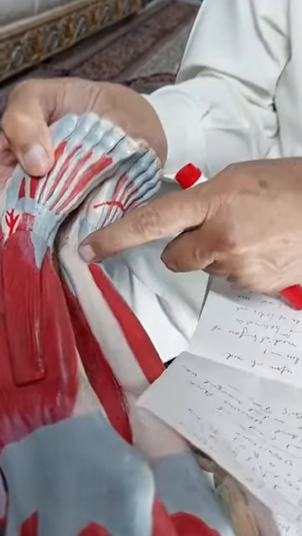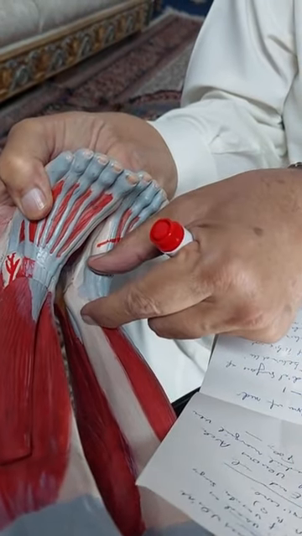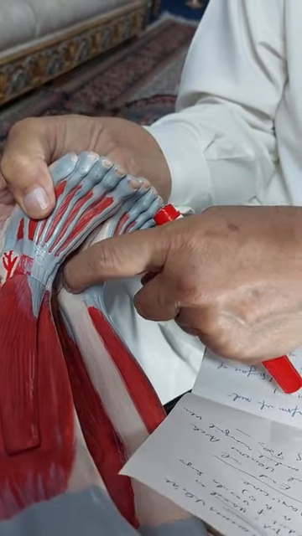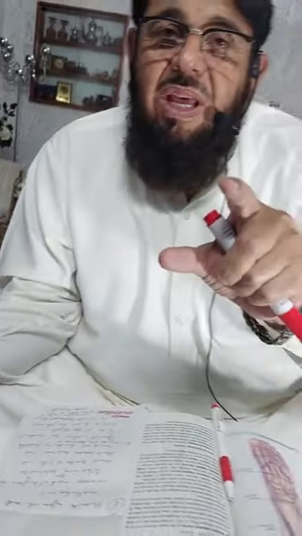Just look over here, just in front of the medial malleolus, you make an incision in the skin, open the skin, and just deep to the skin, in front of the medial malleolus, you will find the great Saphenous vein. This is called venesection, and this is a very emergency procedure, and every doctor should know it, so that in an emergency condition you do venesection and you cannulate the vein so that you can give the life-saving drugs or the fluids or the blood through this vein.